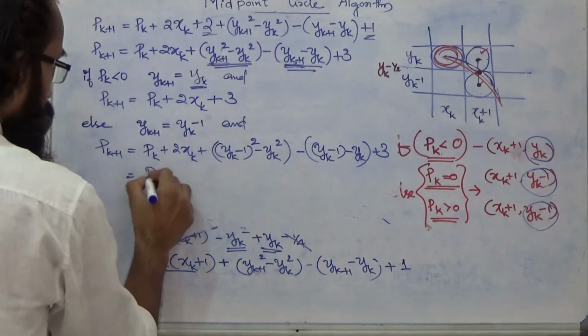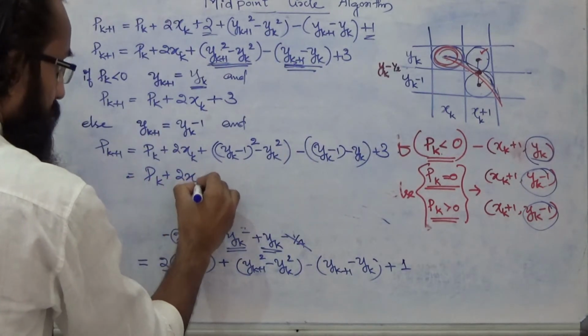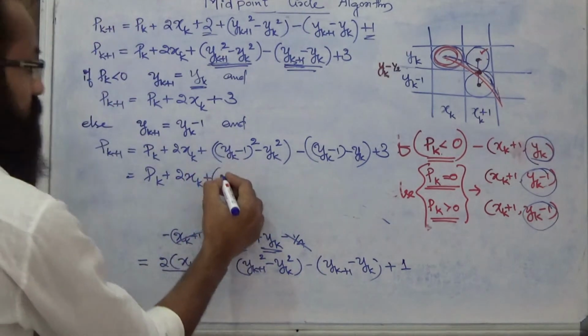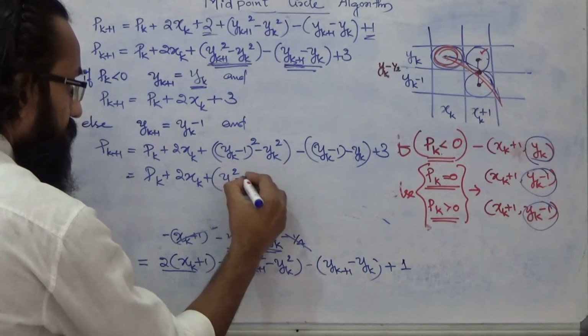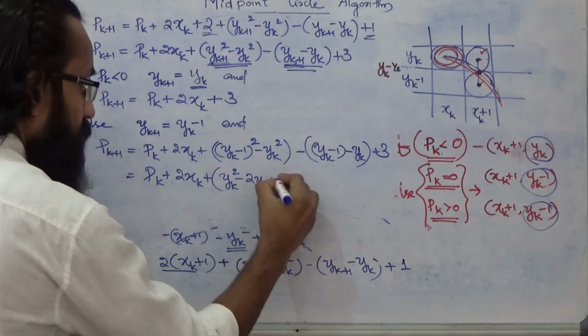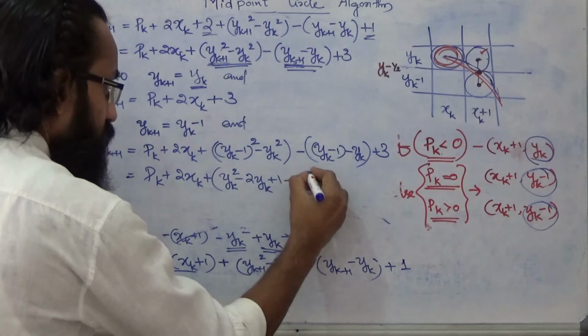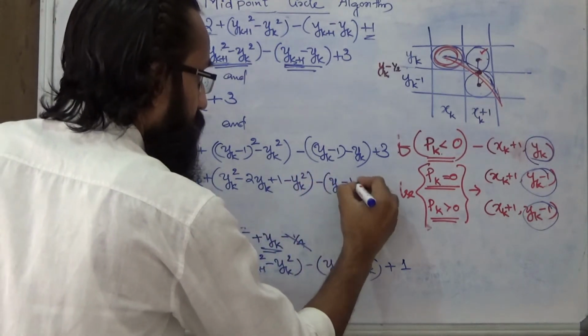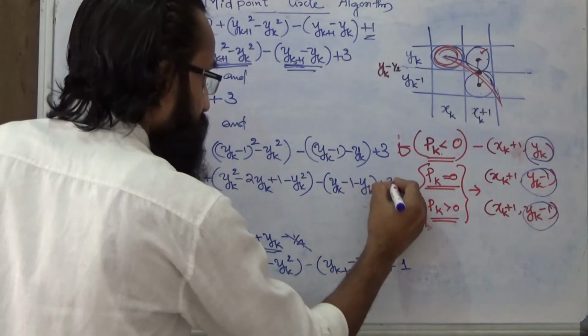So this will be equal to pk plus 2xk plus, let me expand this one. This will become yk² minus 2yk plus 1 minus yk² minus yk minus 1 minus yk plus 3.